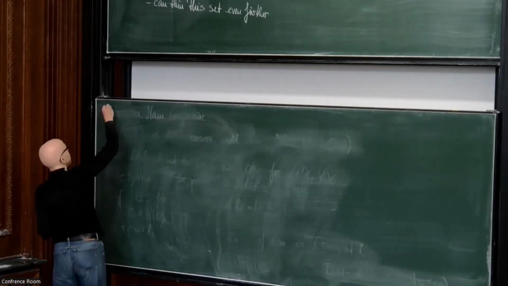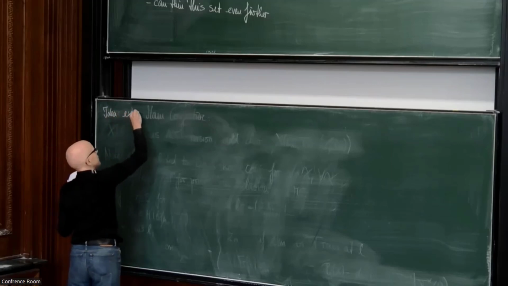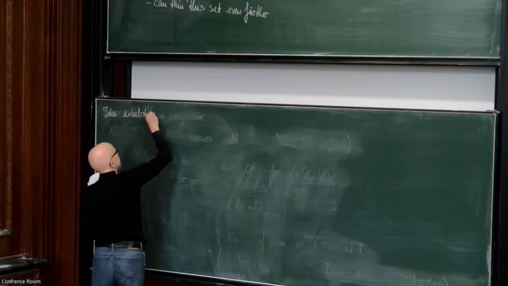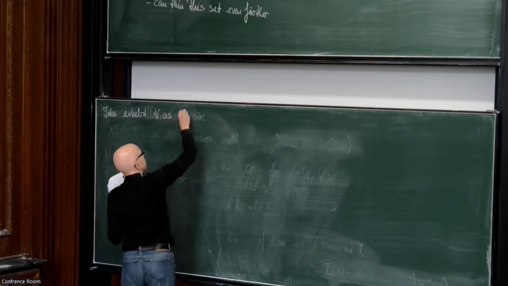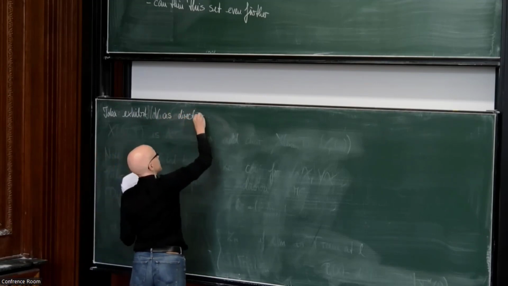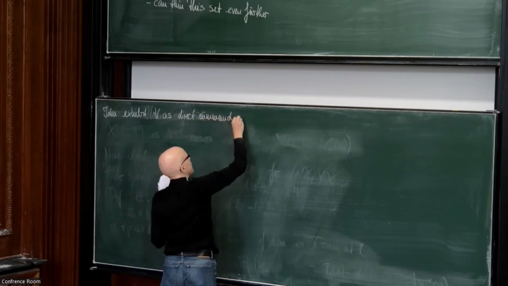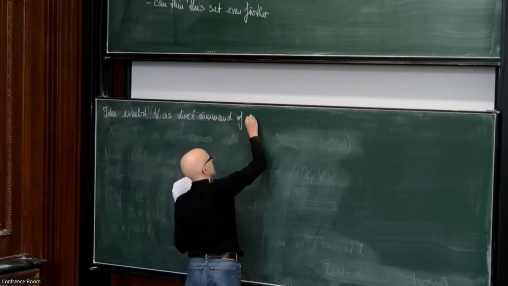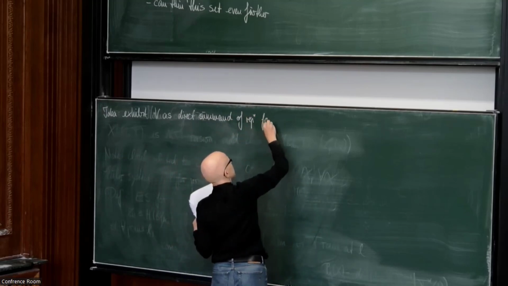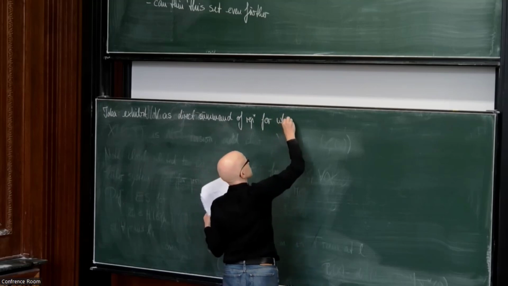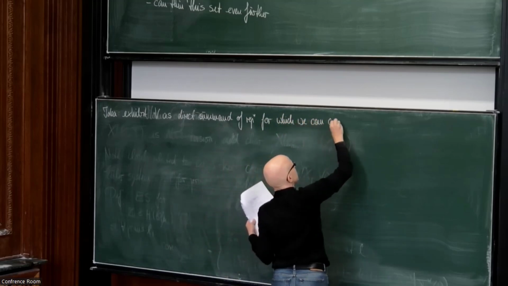So the idea: exhibit V as a direct summand of a representation for which we can construct an Euler system.